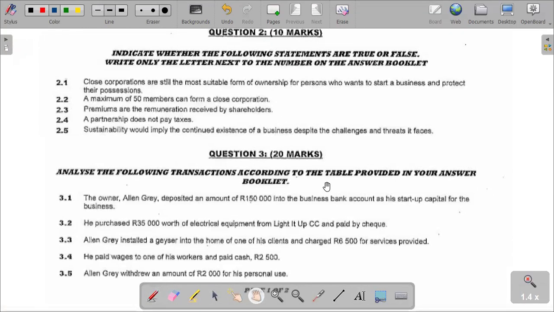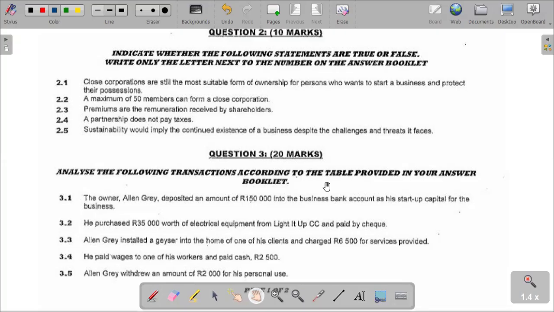So 2.1 says, closed corporations are still the most suitable form of ownership for persons who want to start a business and protect their possessions. So the answer is false. Why? Because closed corporations are no longer available for new registrations, particularly in South Africa.